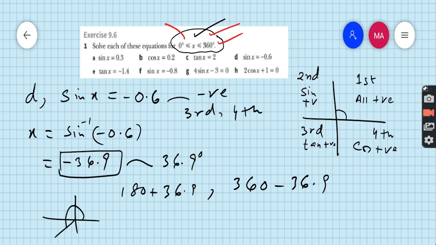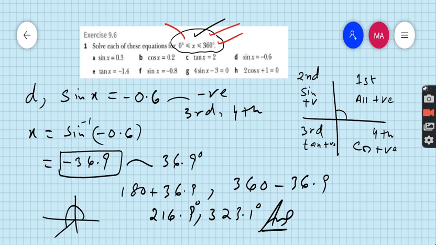First value is 216.9 and second value is 323.1. This is our final answer.